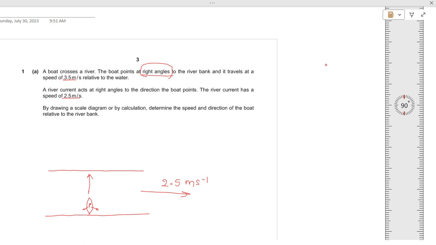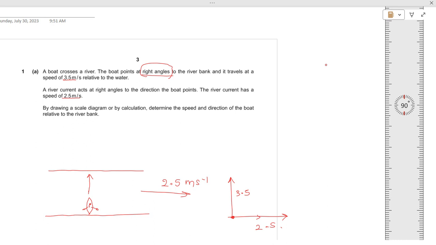Then there are two speed quantities acting on the boat. This one is the speed of the boat, 3.5, and this one is the speed of the river current, 2.5. So you can use either a scale diagram or you can do the calculations.